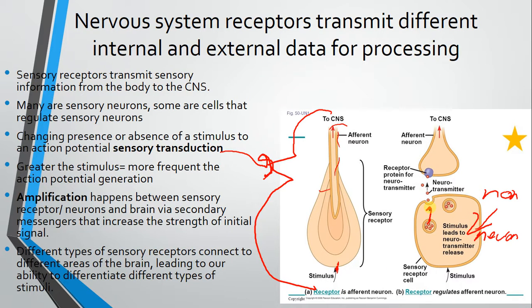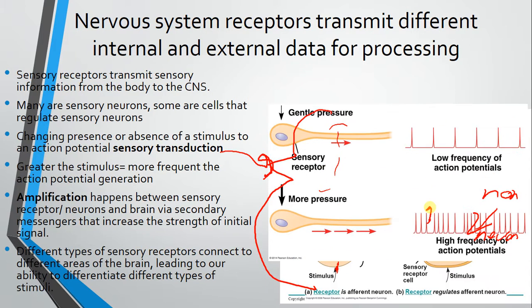The greater the stimulus, the more frequent the action potentials it generates. So for example, gentle pressure will stimulate an action potential less frequently. If we have greater pressure, it'll be a higher frequency of action potentials.